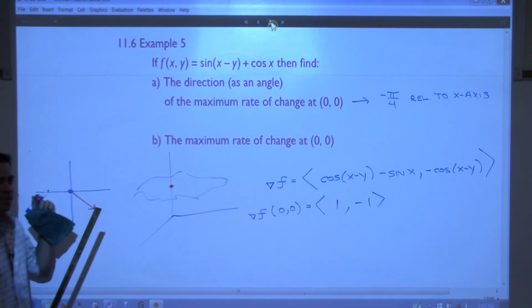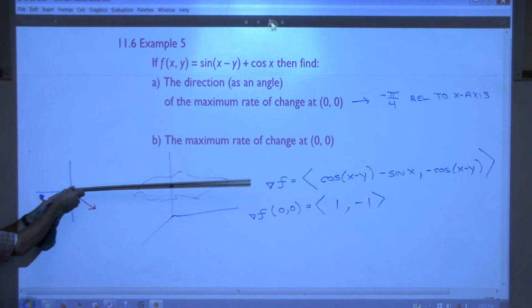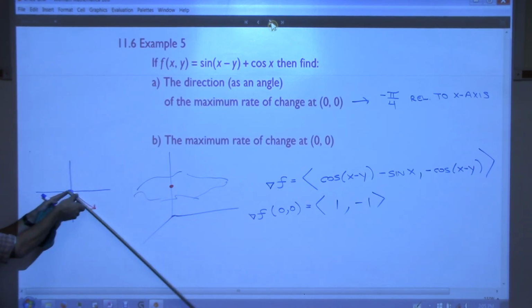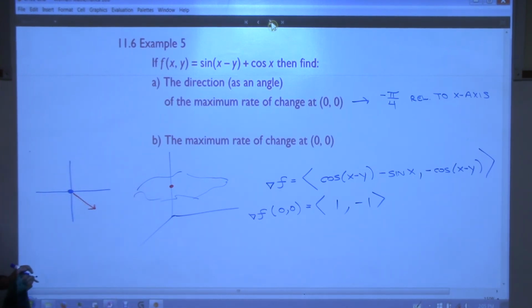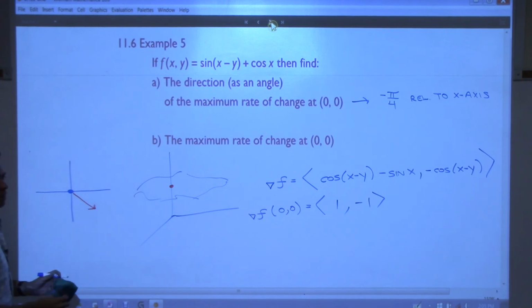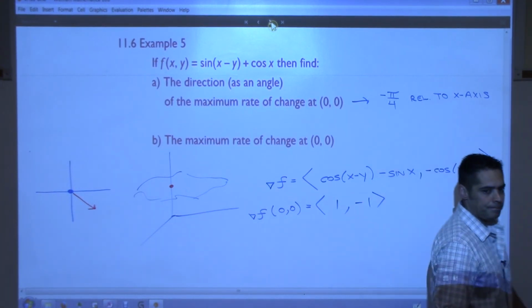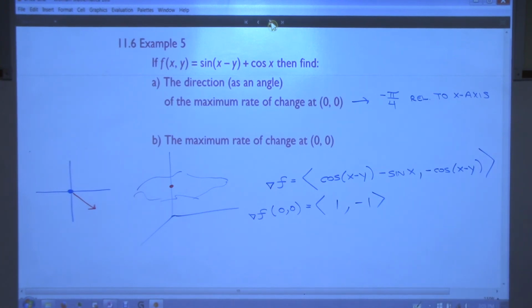If I want to have the steepest ascent, standing at (0, 0), I need to point negative 45 degrees, negative pi over 4. You could make it relative to the y-axis, but then everyone would be like, why? Everything's always been relative to the x-axis, but you could. Just make sure you state it. That way there's no confusion. We good? That answers part A.